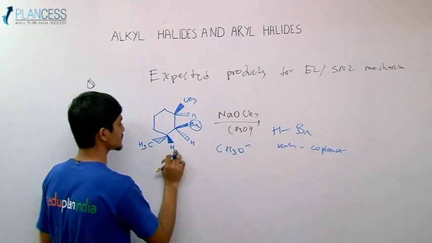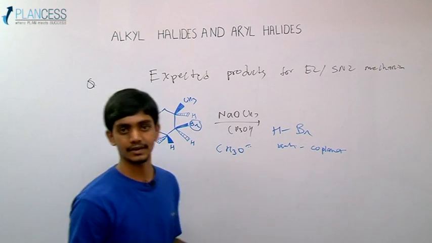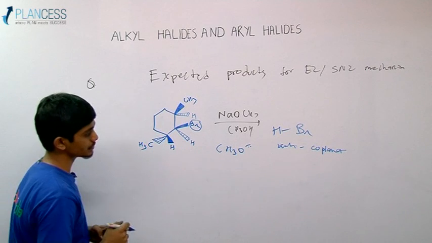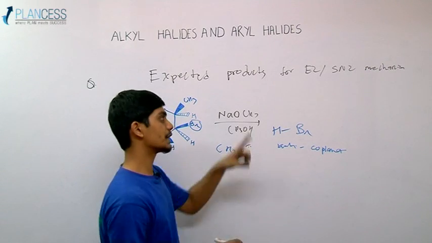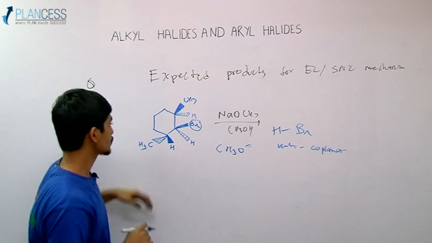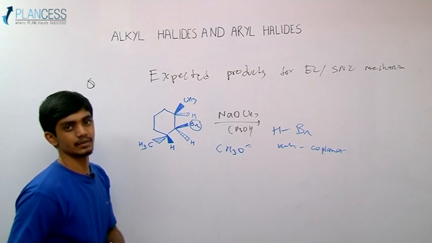So this H and this Br cannot eliminate. That cannot undergo the dehydrohalogenation process. That means E2 is not possible with this hydrogen and this Br. So we have to go for the next carbon.